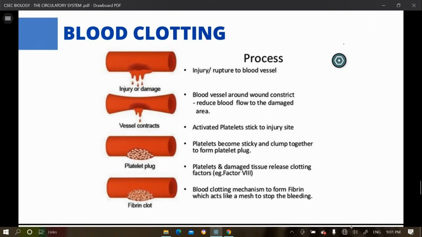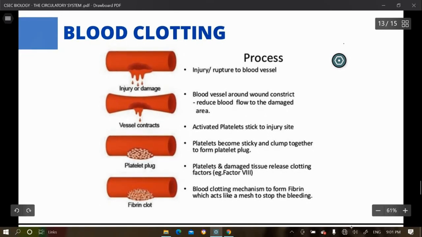Now, let's do a quick run through of how a blood clot occurs. Basically, whenever you have an injury and you're bleeding, that means that you've ruptured a blood vessel. Okay, and you'd have platelets coming to do their work. So first, your blood vessel will contract or constrict, and that's called vasoconstriction.